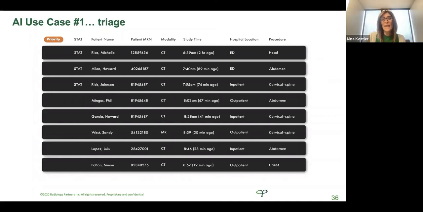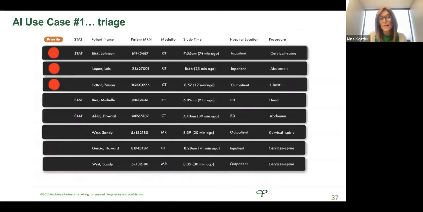But if you have a CAD-T solution, it will go in and evaluate every image on your exam, or every appropriate image on your exam, and it will let you know if there's any significant pathology. And if it does, it can then move those studies to the top of your work list. So instead of reading simply by time remaining, you're now reading by clinical relevance. And the more findings that we can find with these triage models, the more sophisticated we can get.